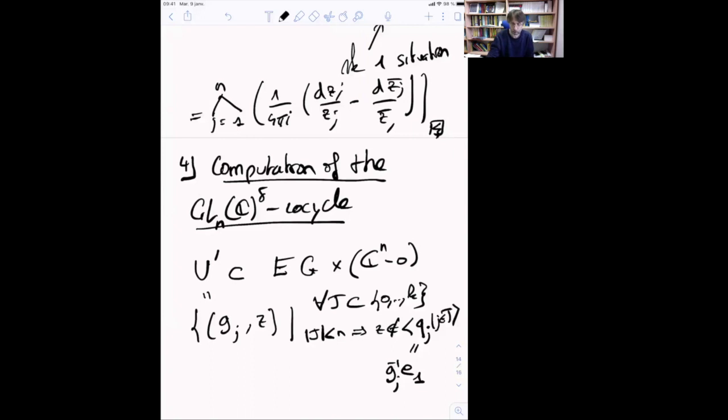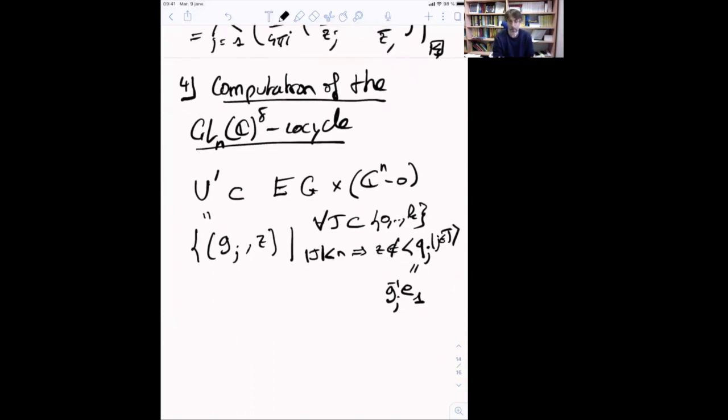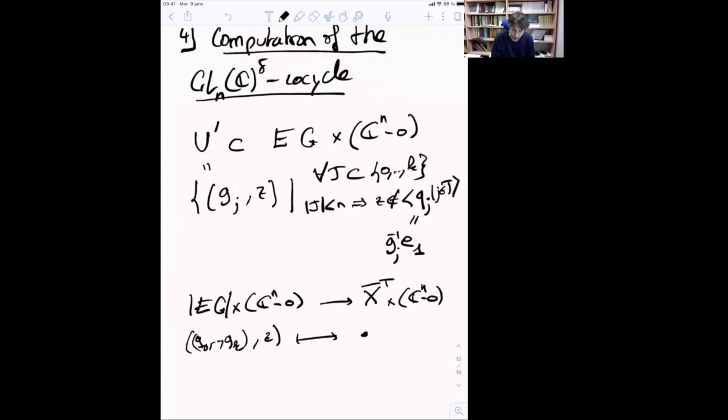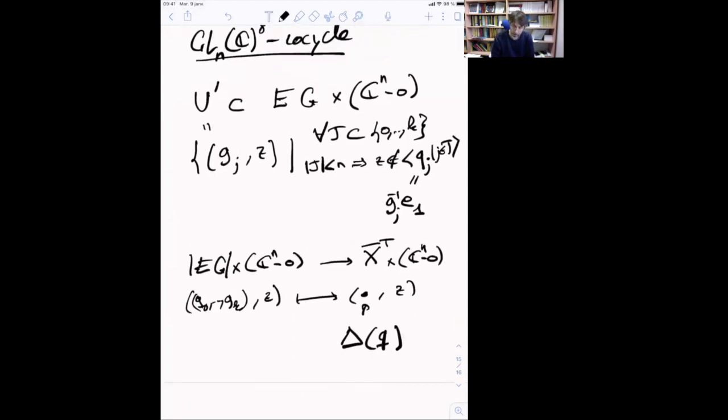We will have a simplicial map from EG cross Cn minus 0 to not only X, but the Tits compactification of X. And what we do is that to a bunch of elements G0 up to Gk and to an element Z, we associate, when I take the geometric realization, a point and the vector Z, where this point belongs to delta of Q using the barycentric coordinates.